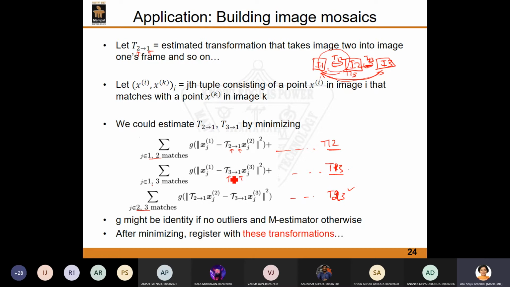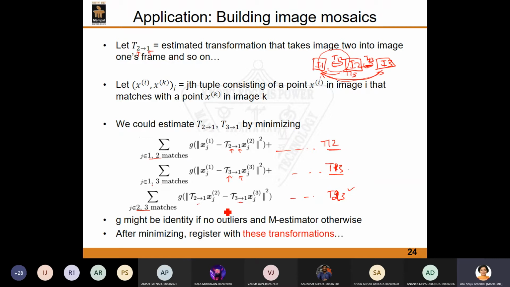I could have written it as T2 mapping to 3, and then xj2 and so on. But instead of writing it this way, I'm writing it in this form. That means I'm writing this term in terms of this T2 to 1 transformation, and this matrix given over here, the T3 to 1 transformation.